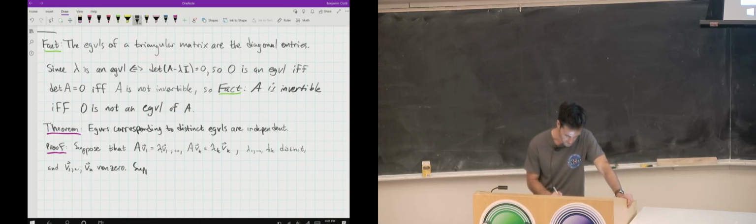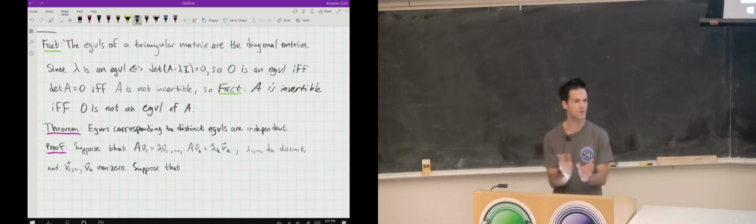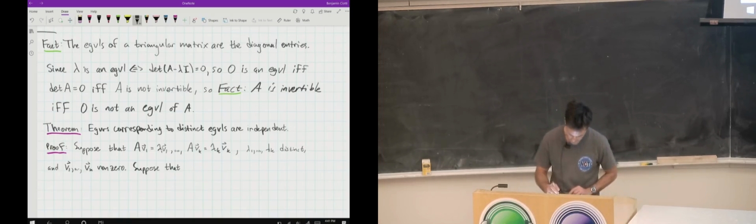Suppose, for contradiction, that the set is not independent. So suppose that some group of them is dependent.